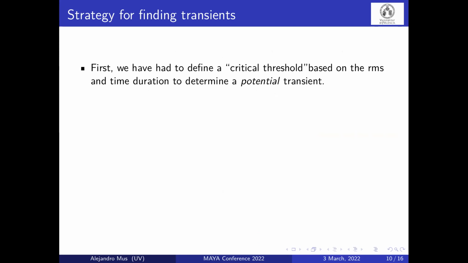And now that we have the model strategy, we can go through the search for transients. First of all, we need to define a critical threshold, and we consider a critical threshold in time and RMS.